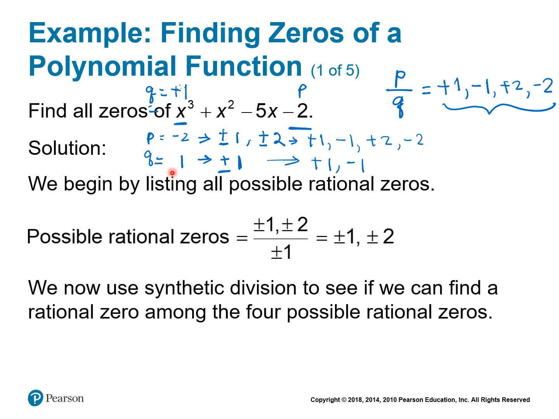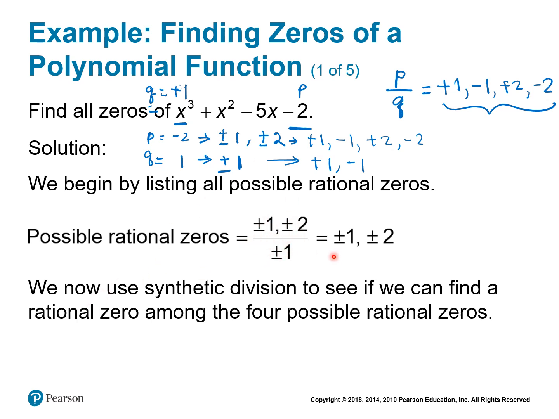And then for Q, which had a value of positive 1, we came up with two factors, plus 1 and minus 1. We wrote them down here, and then we put them together in ratios, and we came up with four values. And as we see here, they too came up with four values. Here they've put it together in ratio form.